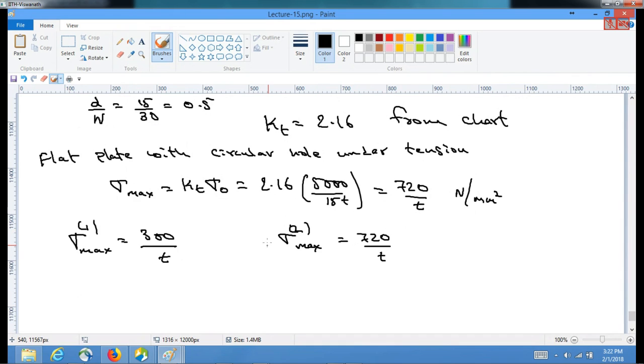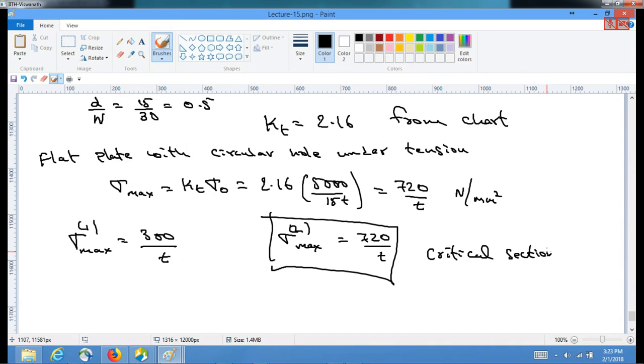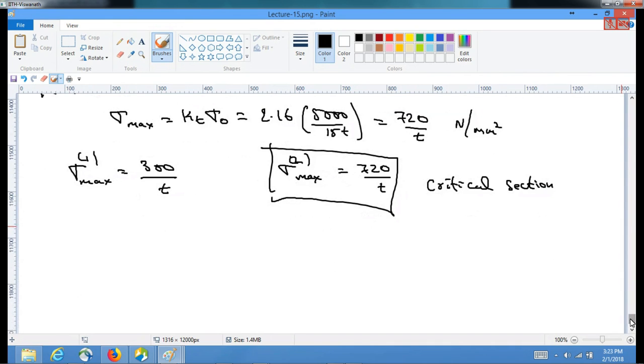So the plate with the hole dictates the design. This is the critical section. So this dictates the design, and if this is avoided, that automatically gets avoided.